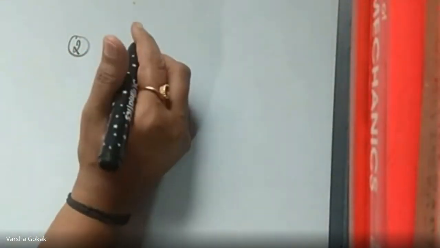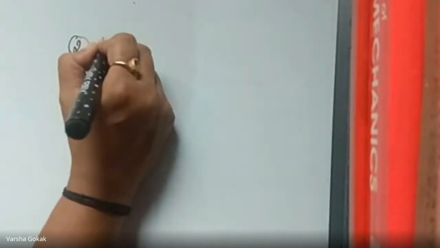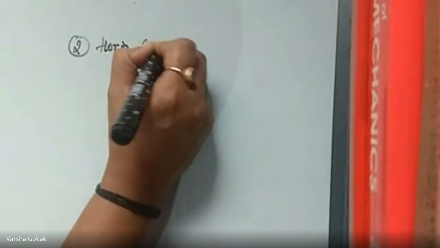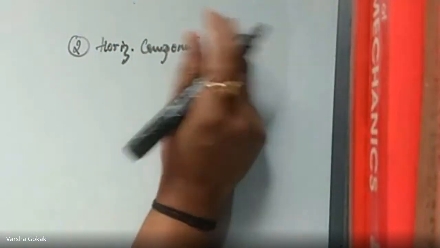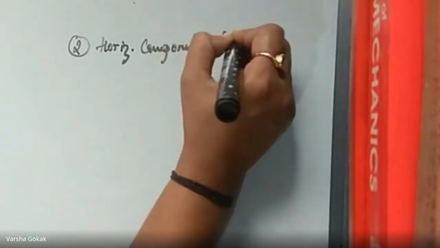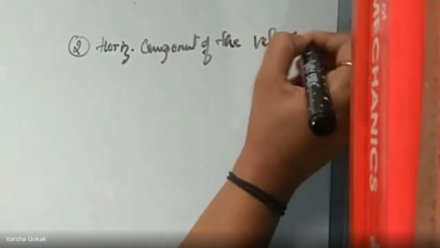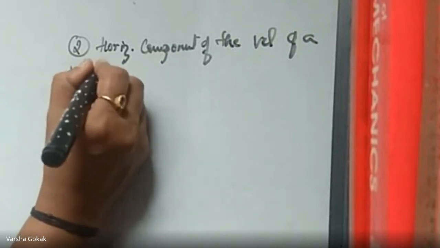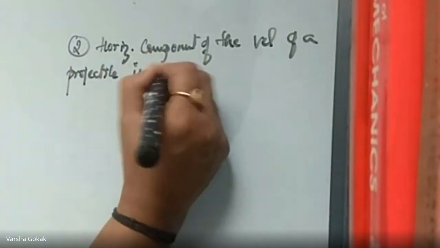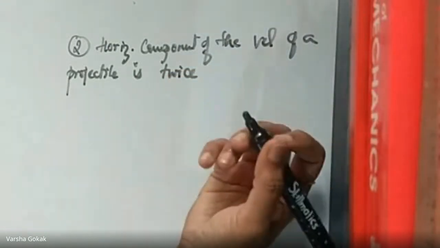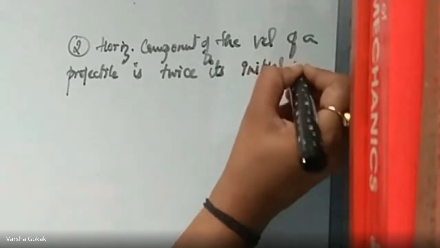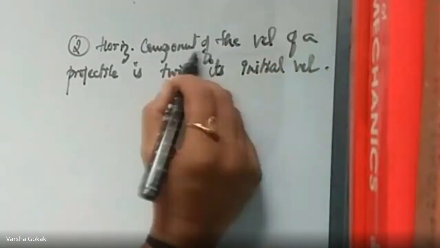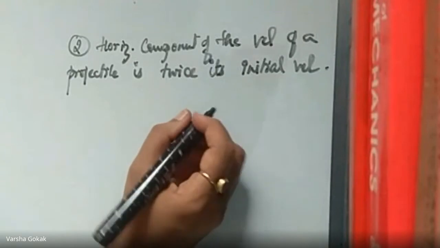Second numerical. The horizontal component of velocity of a projectile, meaning the horizontal component. What is a horizontal component? Means it is range only, right? Of the velocity of a projectile is twice its initial velocity. The condition is that the horizontal component is 2 times the initial velocity component.